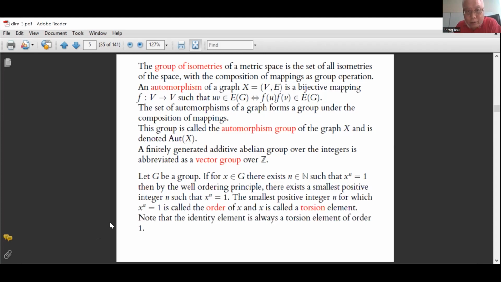If it has finite order, then its order is the least positive number such that that power is equal to the identity element. And if a group has no element of finite order other than the identity element, we call the group torsion-free.